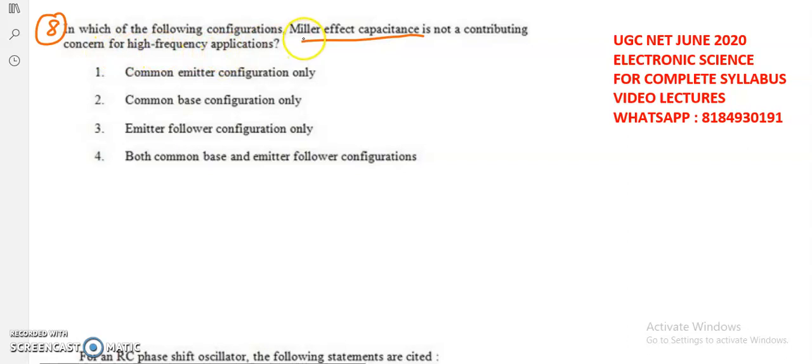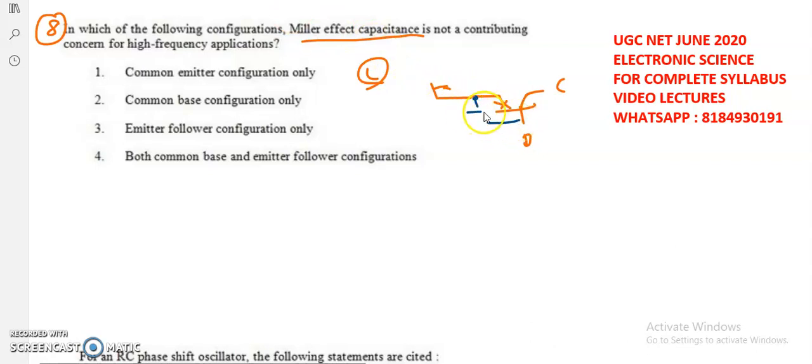Miller effect capacitance means generally all these capacitances are nothing but internal capacitances. If you take the BJT, let's say it has emitter, base and collector. For low frequencies there are no internal capacitance effects, but for high frequencies the internal capacitances come into action.